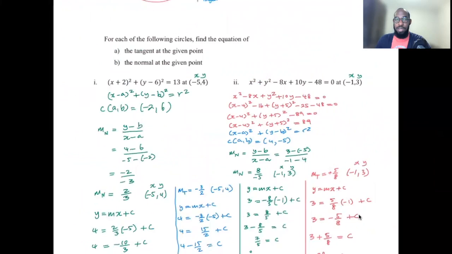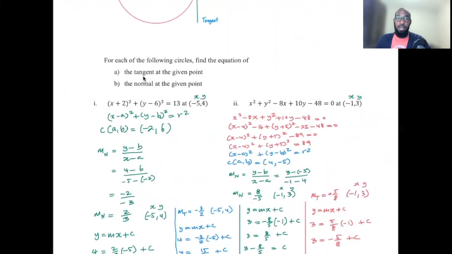So the question asked us to find the equation of the tangent first and the equation of the normal after. Even though I found them in reverse, it doesn't matter, just label your question properly.